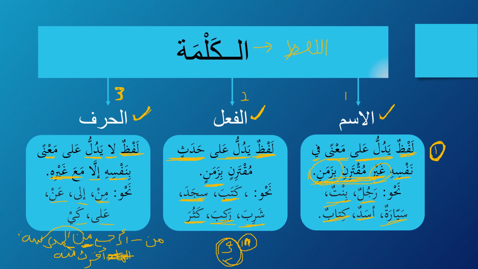And huruf do not have a meaning except they are used with something else. You can see mean here is used with madrasa. From this context we can get the meaning of mean.